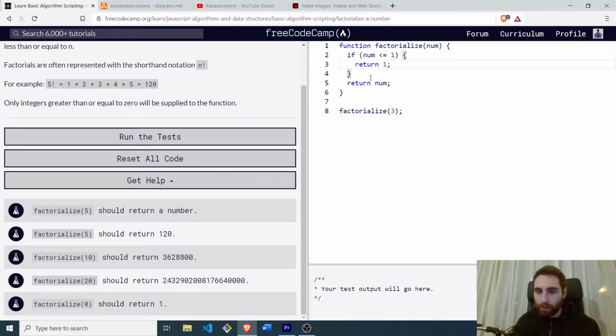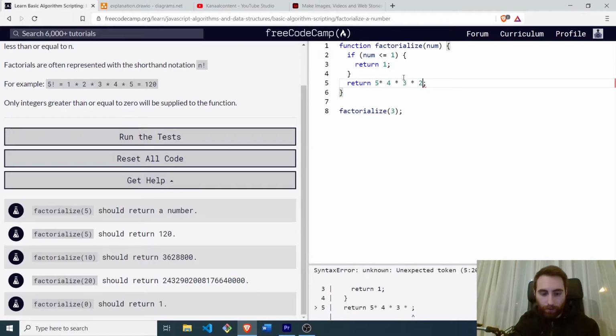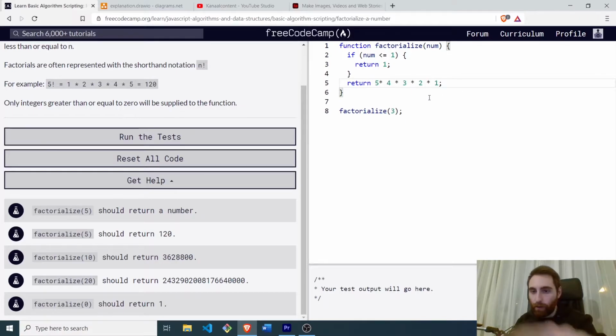And otherwise, we have to think about this. So 5 times 4 times 3 times 2 times 1, and there we stop, right? So it would be 5 times 5 minus 1 times 5 minus 2, and so on.